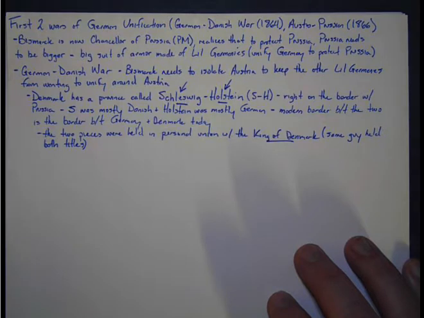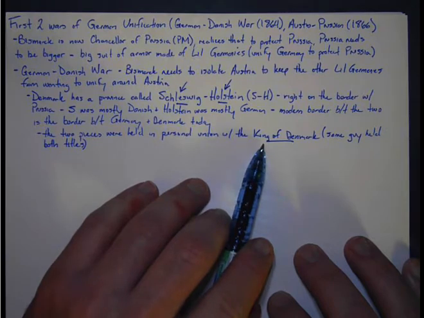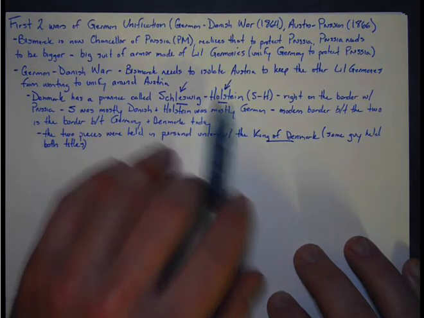Kind of like how when James was made king of England, he was king of both Scotland and England. It's the same thing here. King of Denmark and Duke of Holstein.